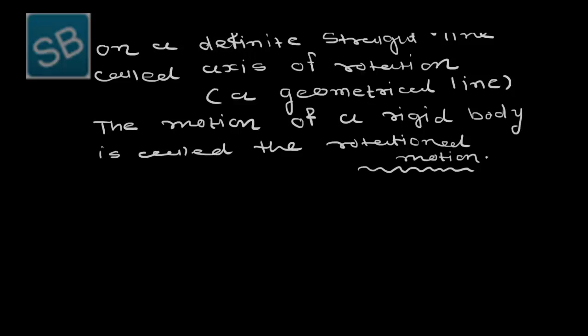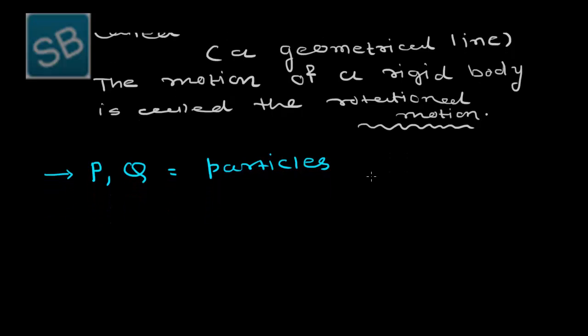Particle P performs circular motion with radius r1 and particle Q with radius r2, the radius being the distance from the center.